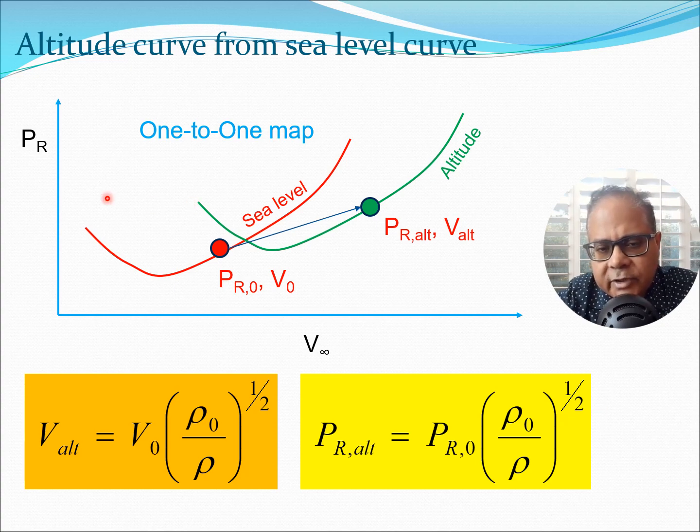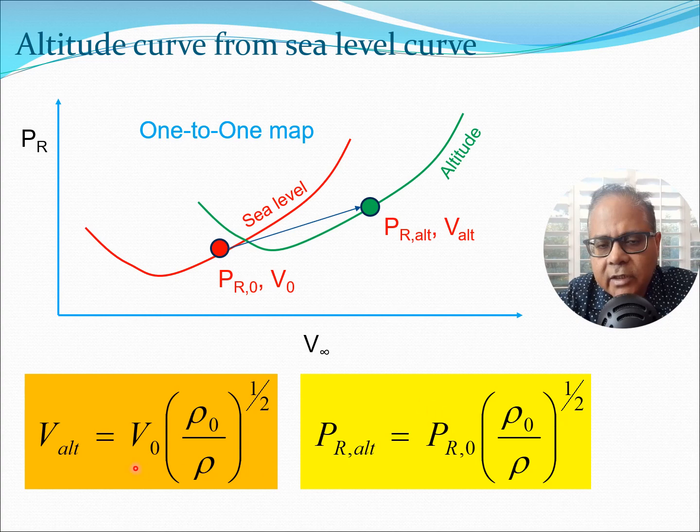So these two equations let me figure out the corresponding curve between the sea level situation and the altitude situation. Here you are seeing the sea level curve, like what we obtained in our previous lecture. If we take any point here, that point would correspond to P_R0, V0.